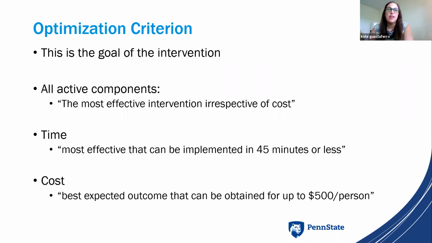Another option here is cost. Let's say you know that your insurer, the people who will pay for this intervention in the real world, will only pay $500 per person. So your optimization criterion then becomes the intervention that produces the best expected outcome obtainable for up to $500 per person. So this is where MOST really separates itself and makes itself unique from the traditional approach.